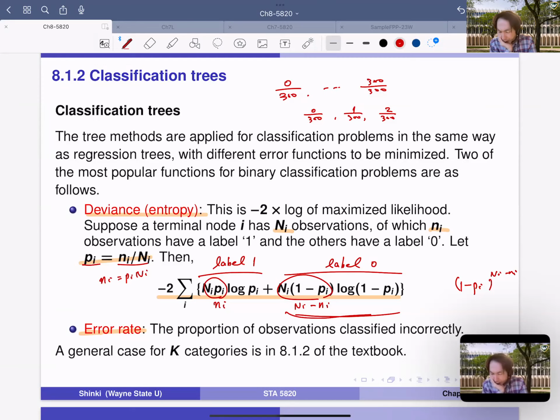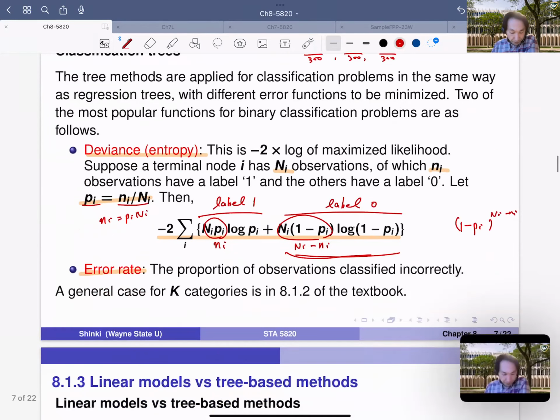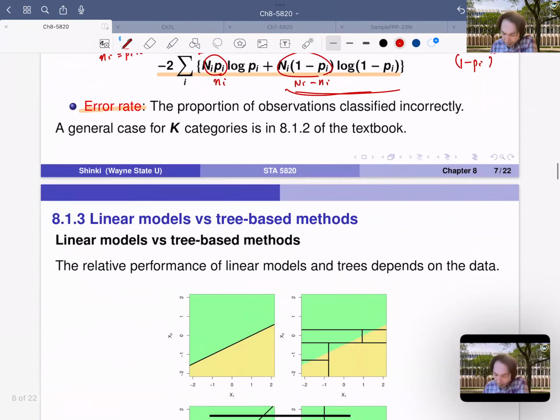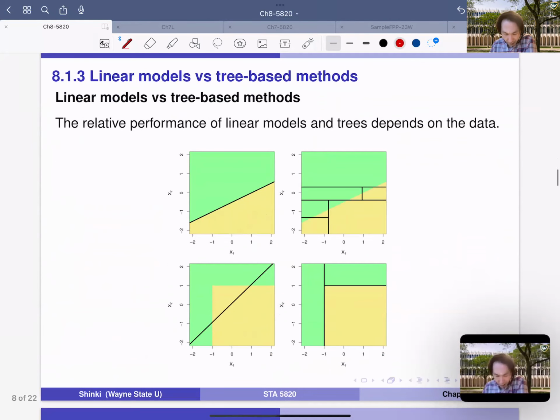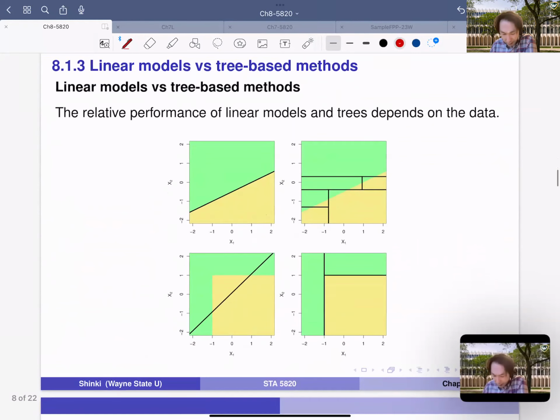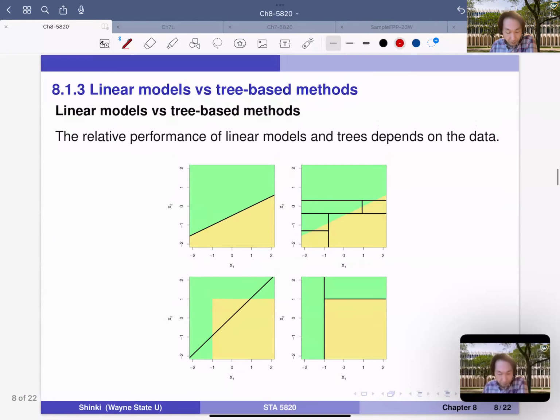In such a case, maybe I would go for error rate. So for a larger data set, error rate may be appropriate. For a binary classification problem, if the sample size is not huge, usually we have an estimation problem. We can estimate it, but the result isn't very reliable.